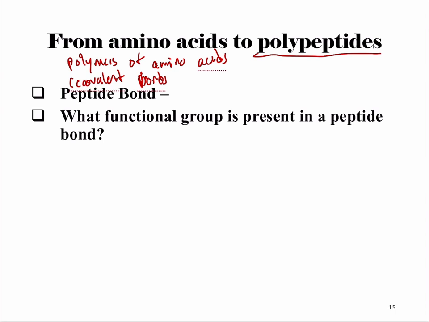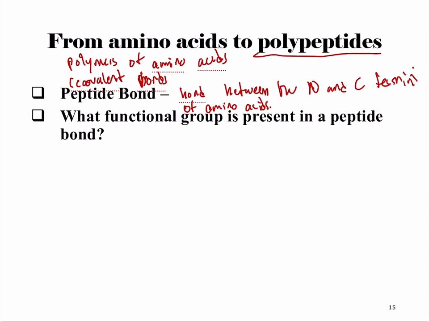And they form peptide bonds, which is going to be a bond between the N and C termini of amino acids. And this usually requires a lot of energy for this to happen. So in the synthesis of proteins, we usually use ATP, which is the energy currency for the cell to synthesize these, especially in the ribosomal unit in the cell.